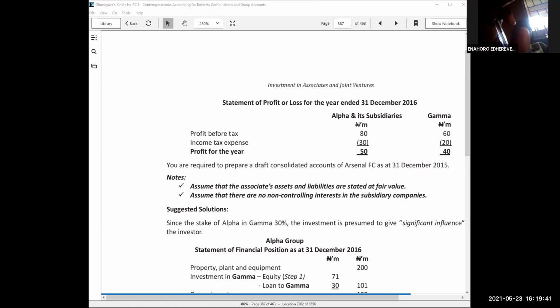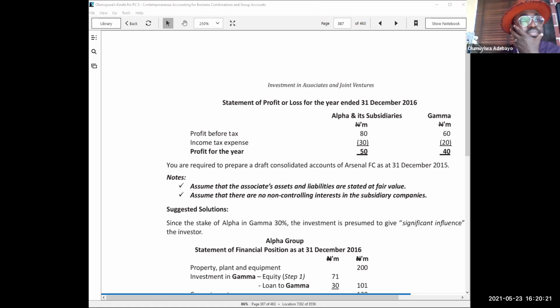So I don't know how you could consolidate this, since Gamma is an asset and is already combined with that of Alpha and its subsidiaries. I can't hear you again. Except we want to incorporate the element of post-acquisition retained profit. I can't see anything much from our end.